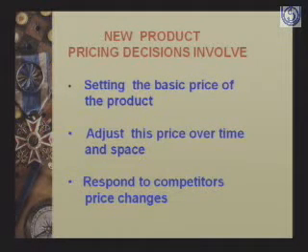Once the basic price is there, then you have to adjust the price according to the regions, according to the locations, to the intermediaries in the channel, like that. That is what we mean by time and space. And then the third aspect is, once you have a price and you have adjusted the price, now the price is completely formulated, and then you have to be very alert.